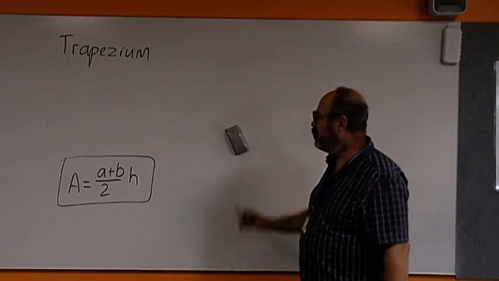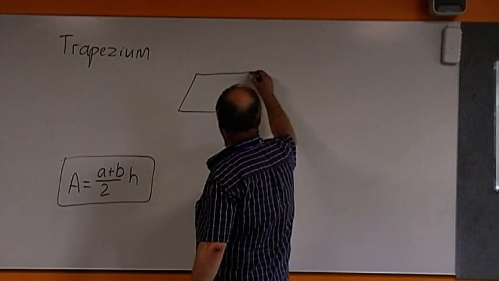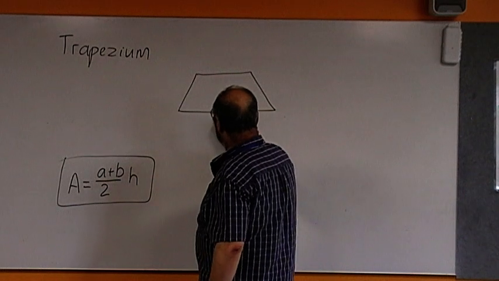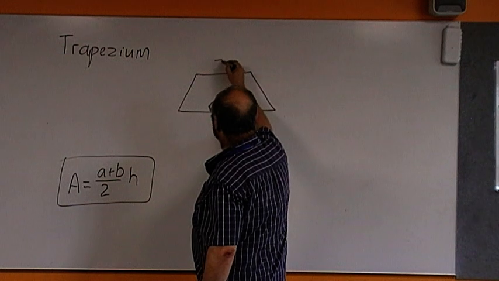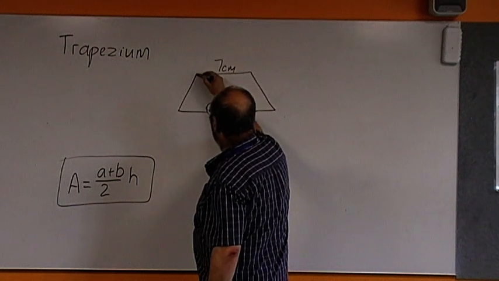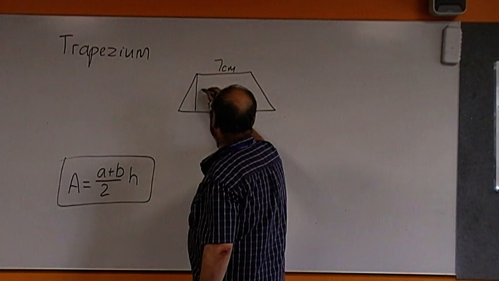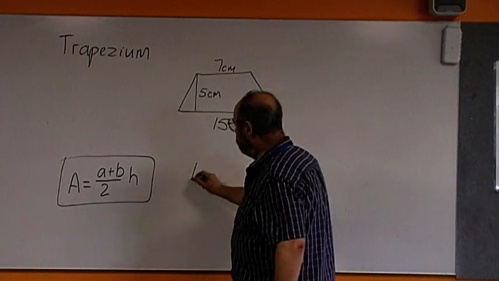Example. Let's say we have a trapezium with parallel sides of 15 centimeters and 7 centimeters, and the height is 5 centimeters. What will be the area of this trapezium?